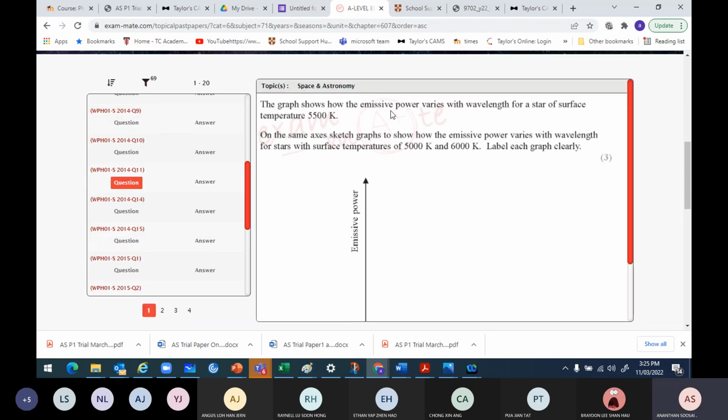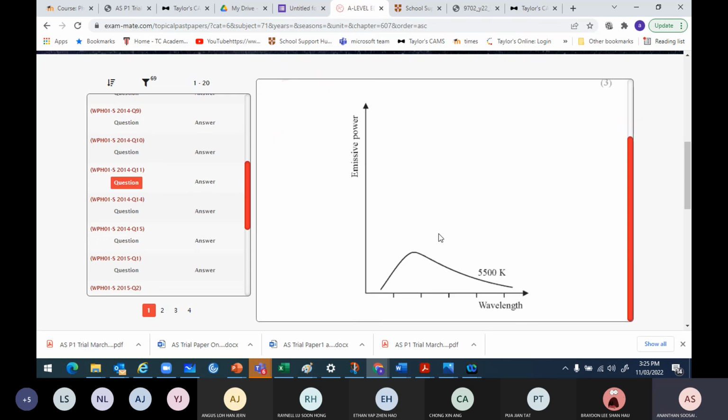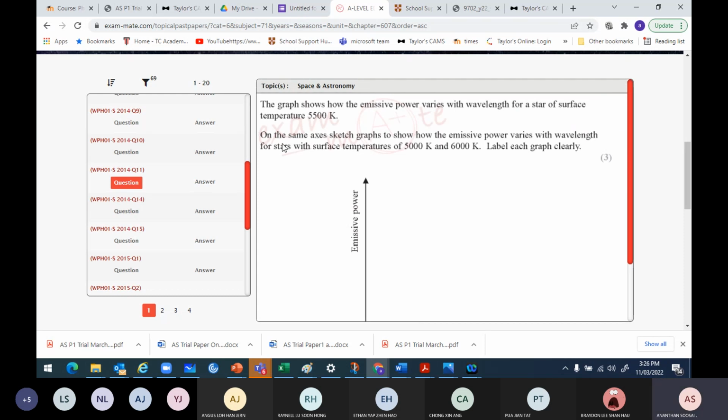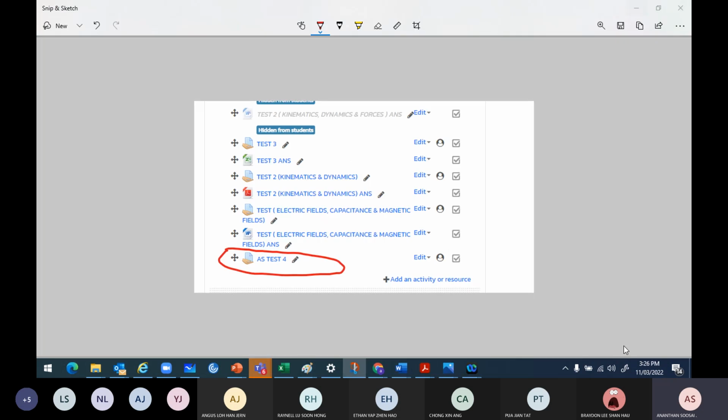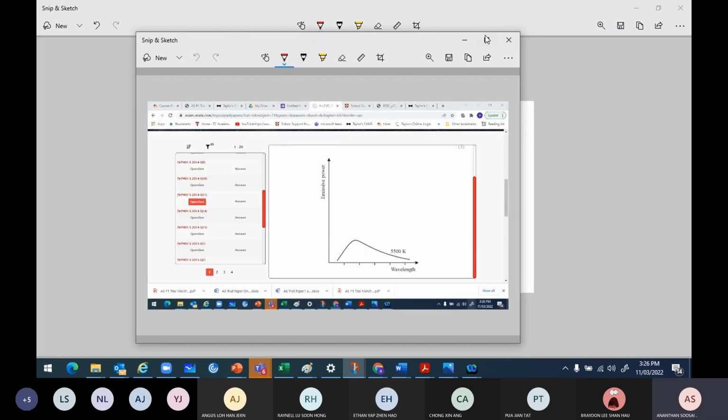The graph shows how emissive power varies with the wavelength for a star with surface temperature 5,500. On the same axes, sketch a graph to show how the emissive power varies with wavelength for stars with surface temperatures of 5,000 and 6,000. You know the graph's peak shifts to the left for a higher temperature, right? So you should know how to draw it.